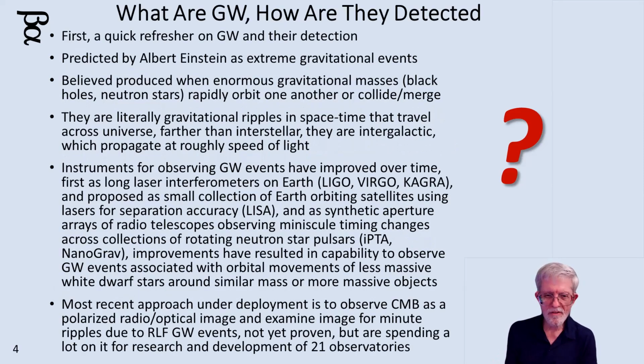So first, a brief overview of what gravity waves are and how they are currently being detected. Big Al, Albert Einstein, was the guy who said, with all these extreme gravitational effects of black holes and such, that ought to actually expand and contract or ripple space-time.